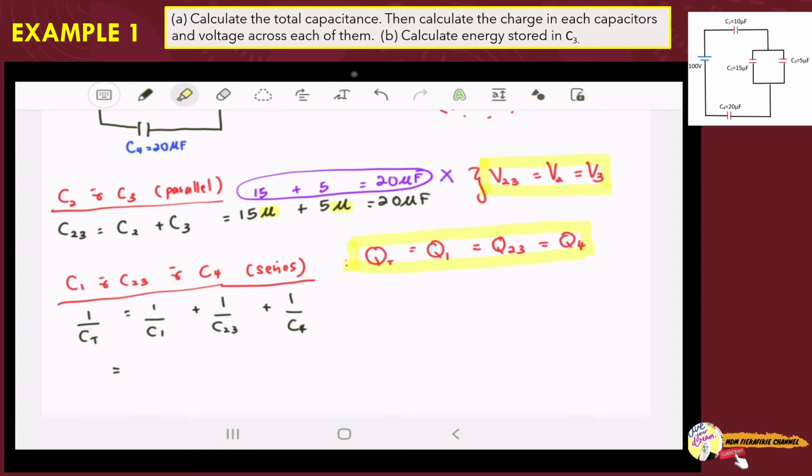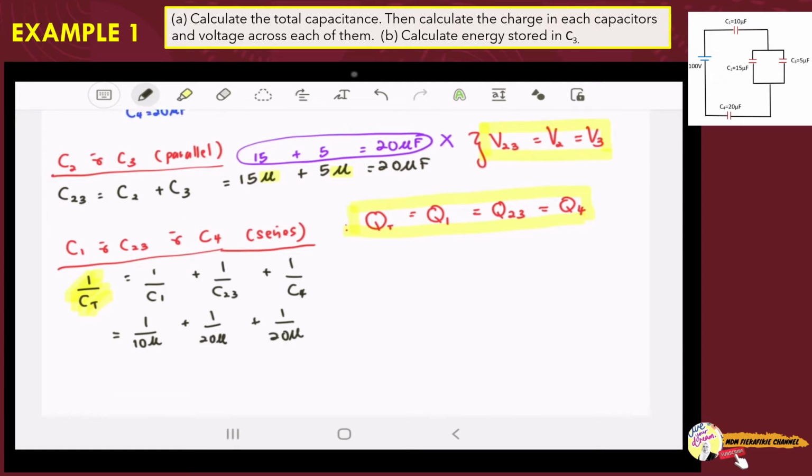Bila final calculation, dia terlupa ini adalah 1 over C total, bukan C total. Okay, so 1 over C1, so C1 is equal to 10 micro, jangan lupa masukkan, plus 1 over 20 microfarad. Okay, and plus C4 is also 20.